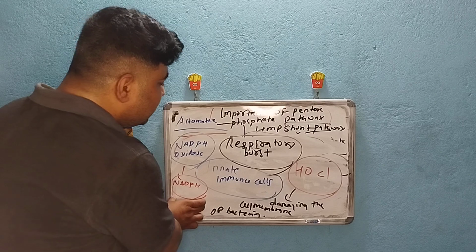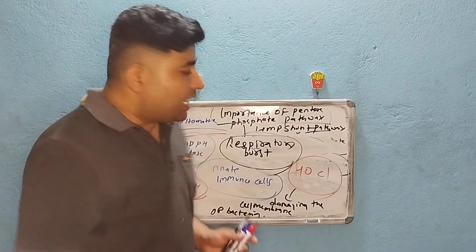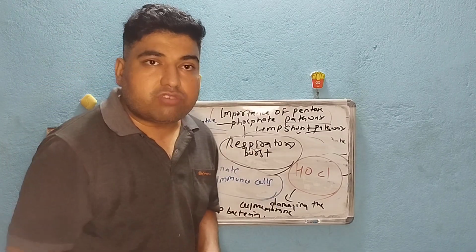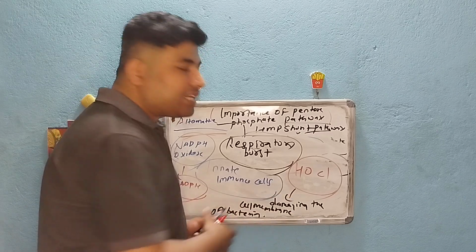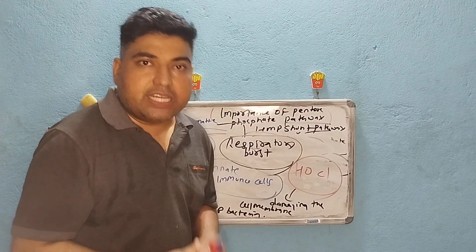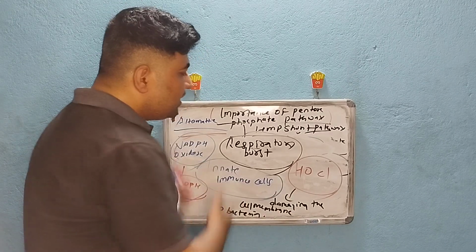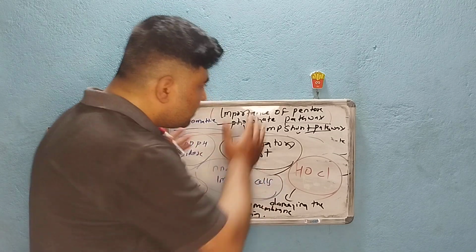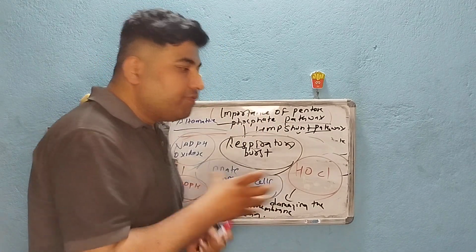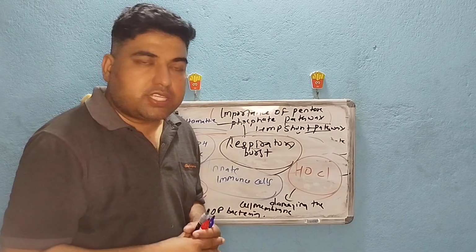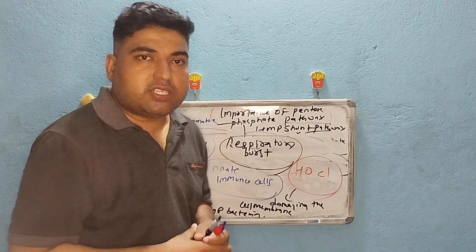The major function of the respiratory burst is to get rid of bacteria that have invaded our body. In this way, the NADPH produced during the pentose phosphate pathway is involved in the antioxidant defense system and also in the respiratory burst.